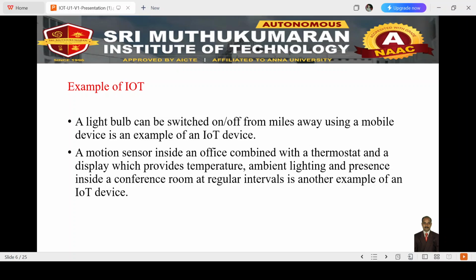These things should be done automatically. So this is another application of IoT.